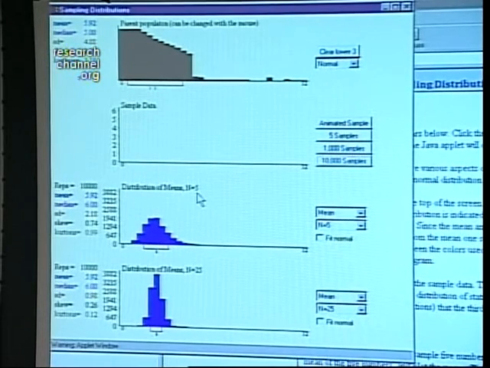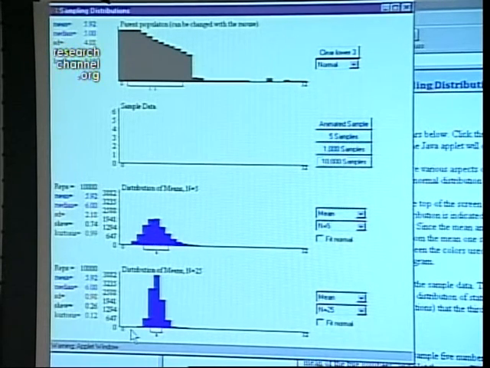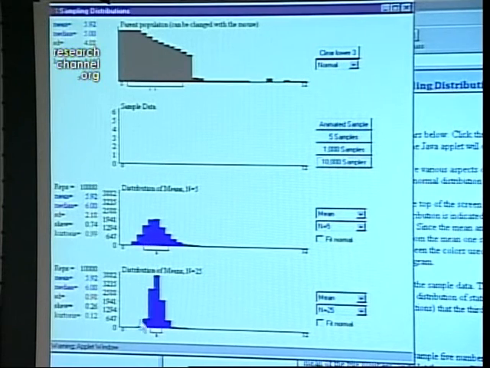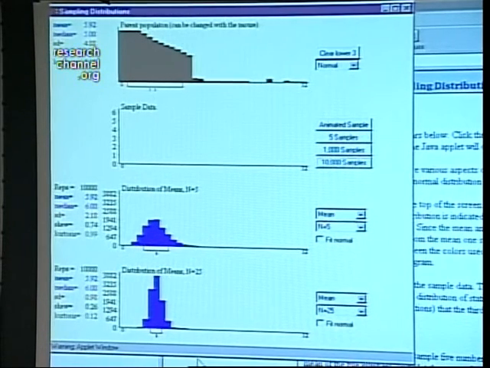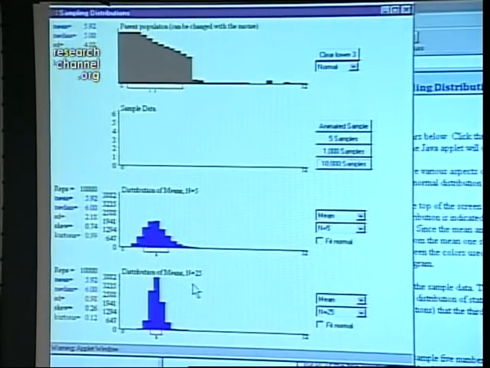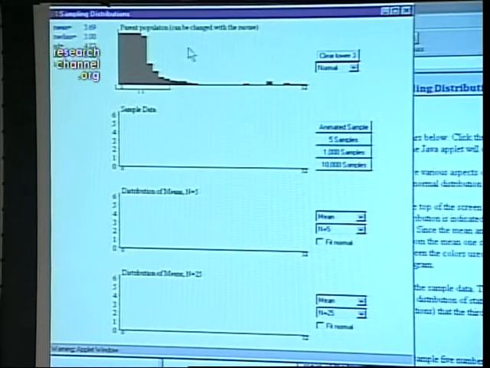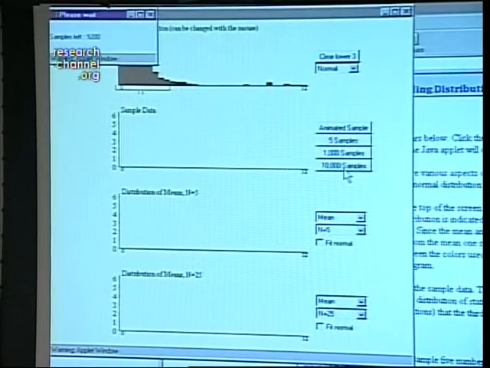When the sample size is only 5, this is a little bit skewed. It looks more similar to the parent population. When we actually have a sample size of 25 or something bigger, this sampling distribution becomes more symmetric and bell-shaped. So this is how the central limit theorem holds, that when the sample size is large enough, it doesn't matter what the parent population looks like.